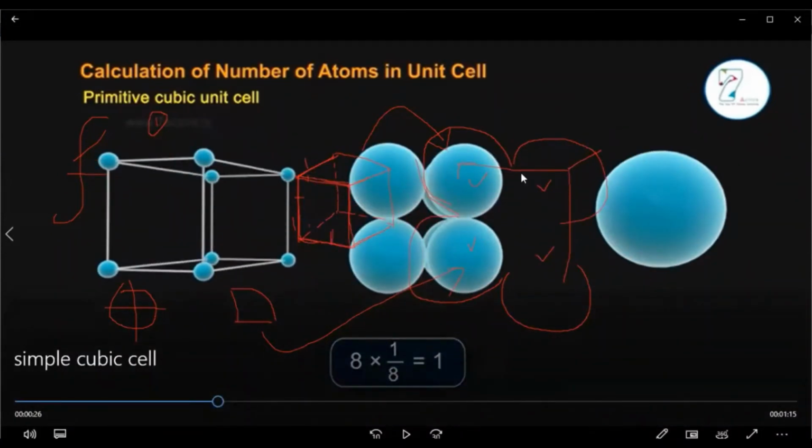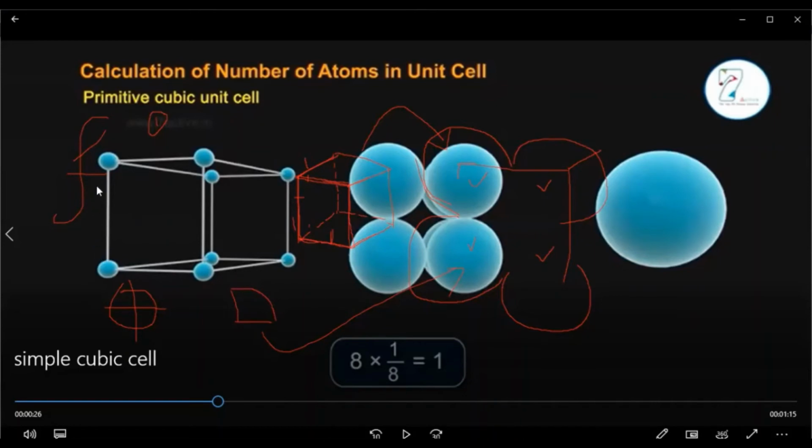So actually in this cube, the volume occupied by all these 8 atoms is actually the volume of one atom, 4/3 pi r cube, right? Here you know this is length into width into height.